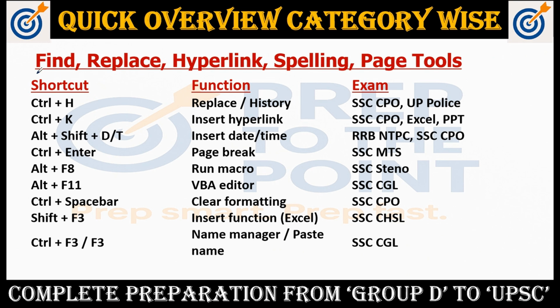Next category is find, replace, hyperlink, spelling and page tools. Control plus H, replace or history. Control plus K, hyperlink. Alt Shift D or T, insert date, time. Alt Shift D, D for date, T for time. Control Enter, page break.